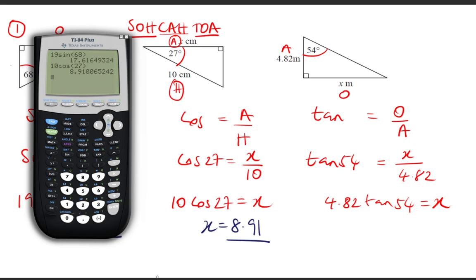And then again, we just use the calculator. So 6.63.